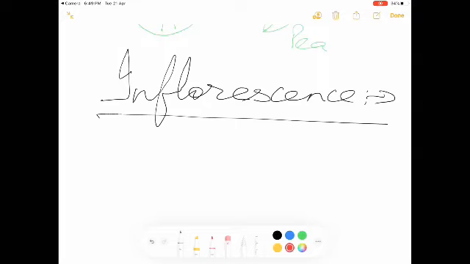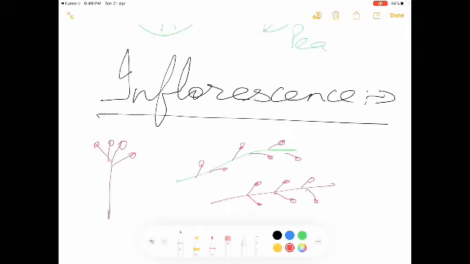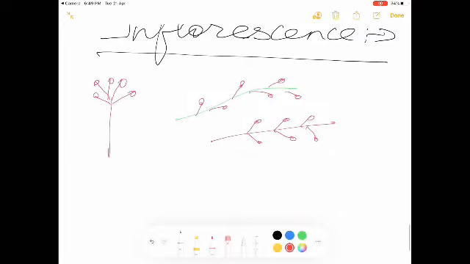Suppose this is a plant axis, then the arrangement of flowers is sometimes in alternate position, sometimes in opposite position. Sometimes the flowers are arranged at the tip only. So there are different types of arrangement of flowers, and this is called inflorescence.